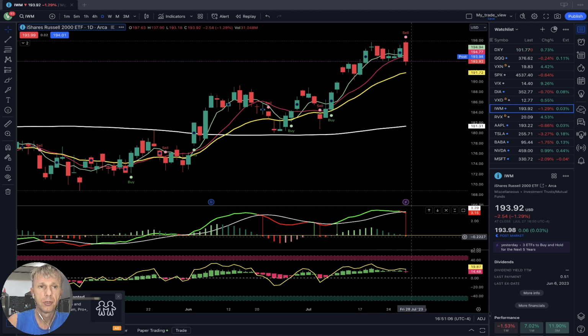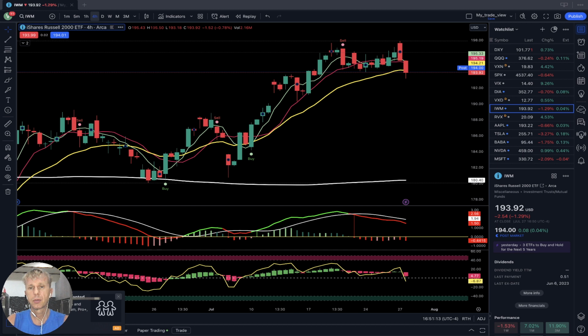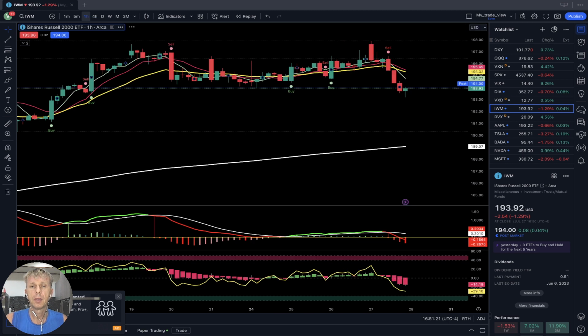In one day, it changed the direction of the Russell 2000. 4 hours time frame, same story, Russell 2000, bearish reversal on all indicators. 1 hour time frame, sell signal, MA5 did bearish crossover over 10 and 20, bearish reversal signal on all indicators, bearish trend.